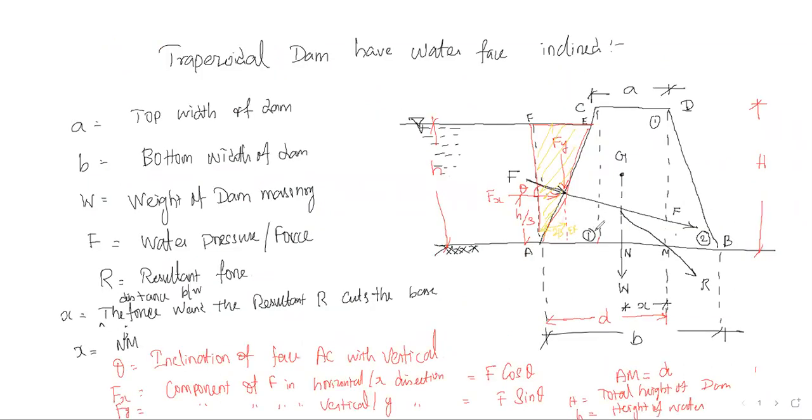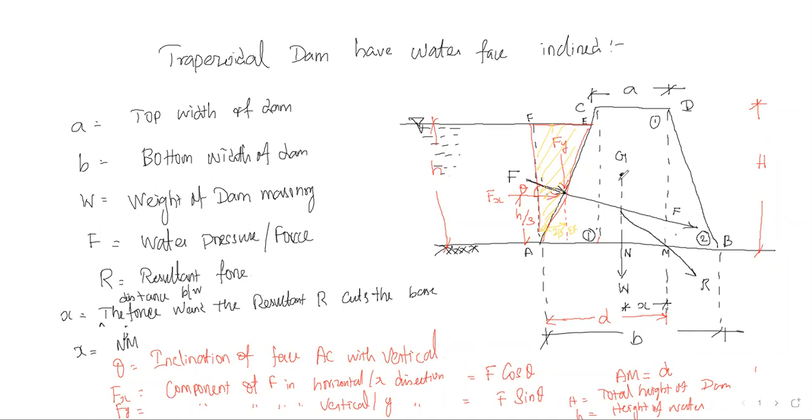Here, what are all the forces acting? The first force is Fy. With respect to M, I have to calculate AM minus 2/3 of this distance with respect to Fy. With respect to Fx towards the base point M, Fx into h by 3.